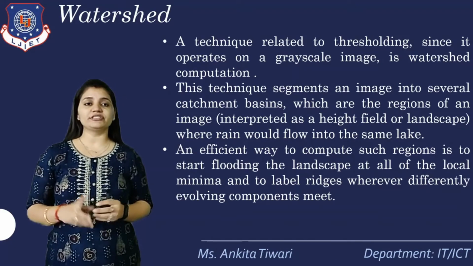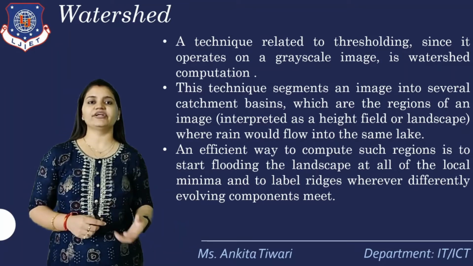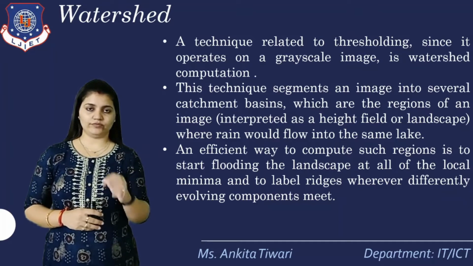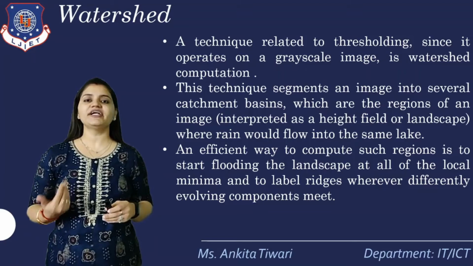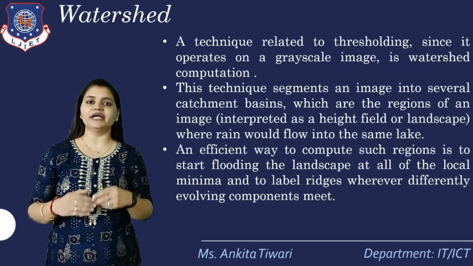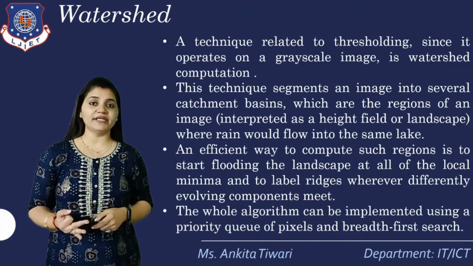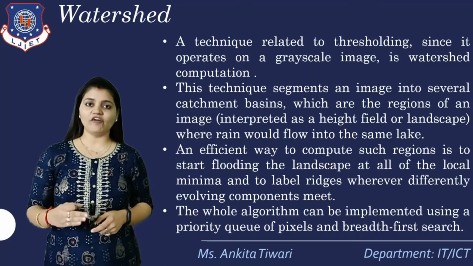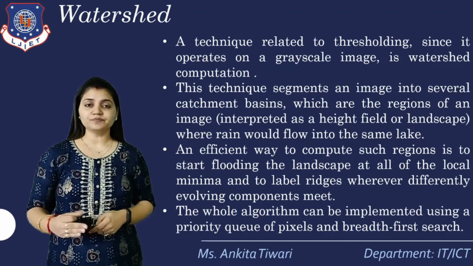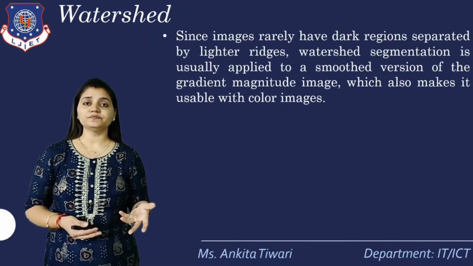An efficient way to compute such regions is to start flooding the landscape at all the local minima and to label ridges wherever differently evolving components meet, where two components with different labels meet. The whole algorithm can be implemented using a priority queue of pixels and breadth first search. These are the properties of the watershed algorithm.